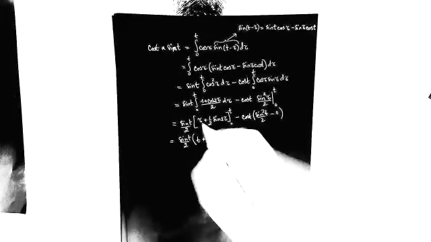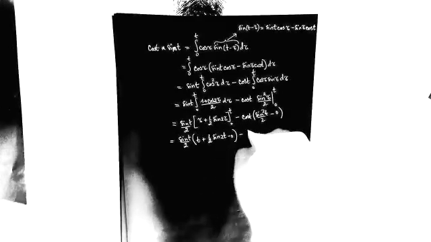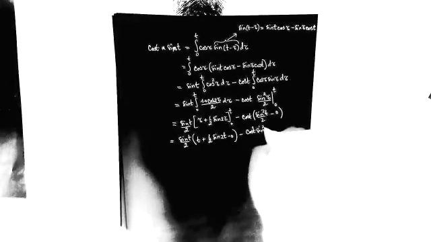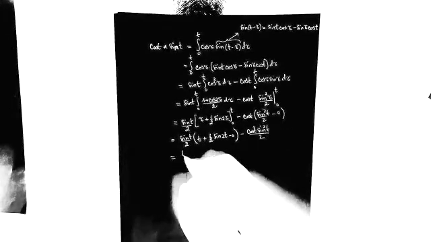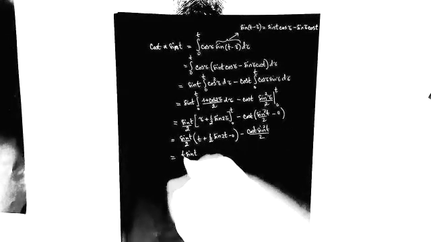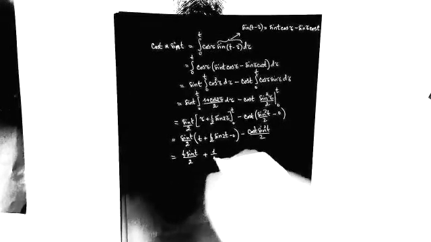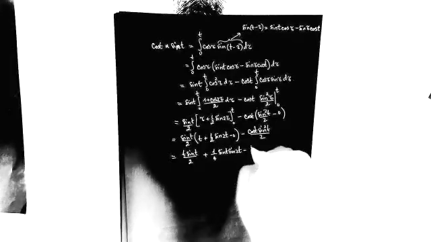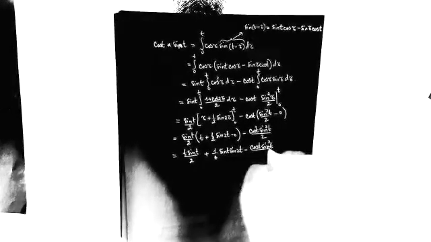And then you plug in 0, you get 0, 0 minus 0 minus cosine t sine squared t over 2. And so that is t sine t over 2 plus 1/4 sine t sine 2t minus cosine t sine squared t over 2.